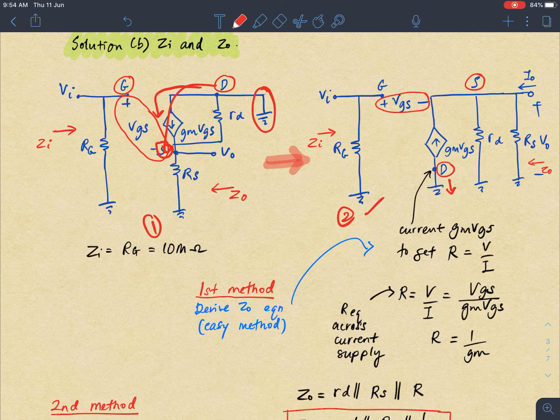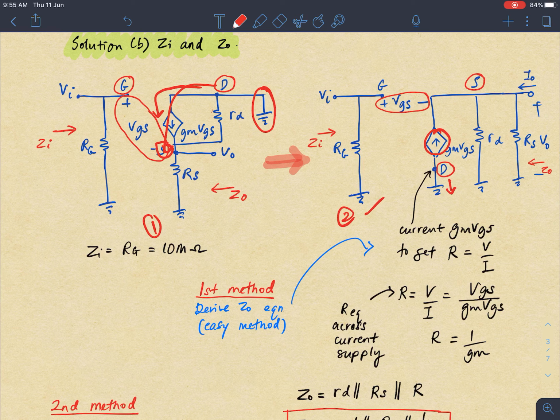So when I bring this D into ground, automatically the direction of the gm-vgs becomes opposite like the previous side figure.